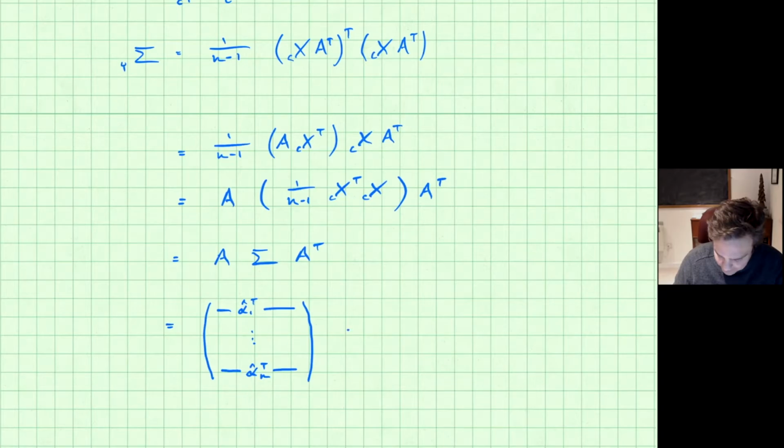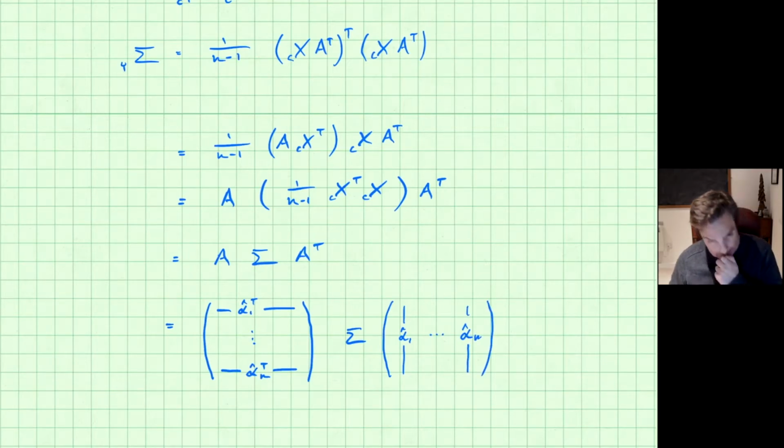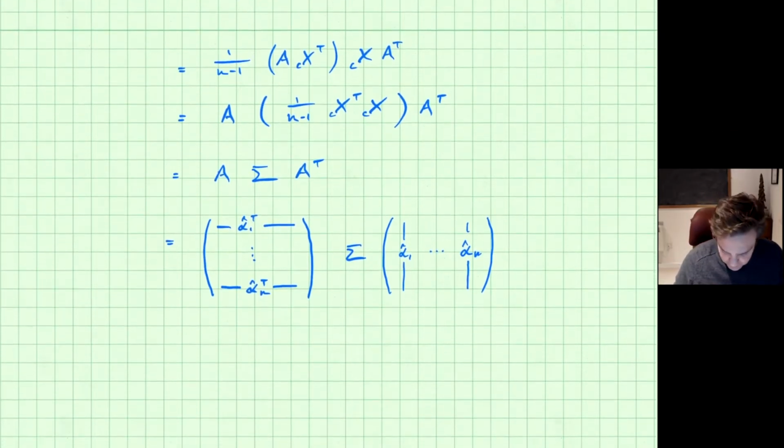Then times the matrix sigma, which I'm not going to expand, and then times A transpose, which looks like this: alpha 1 hat as a column, dot dot dot, and then alpha n hat as a column. Now we can distribute the sigma. We can do that multiplication first. So this guy comes down just as is.